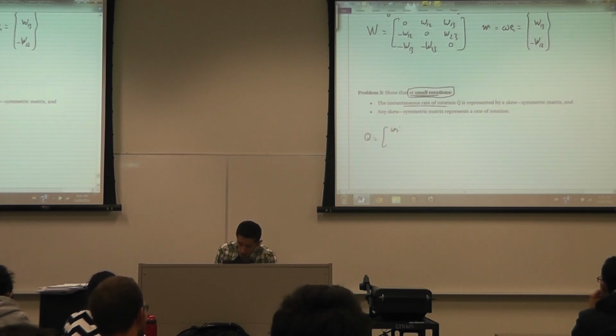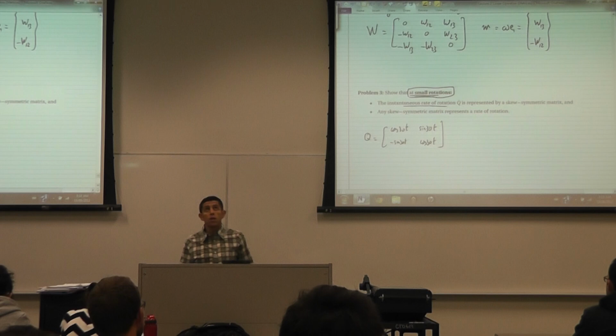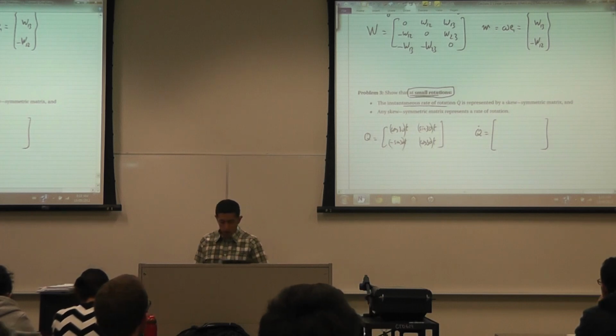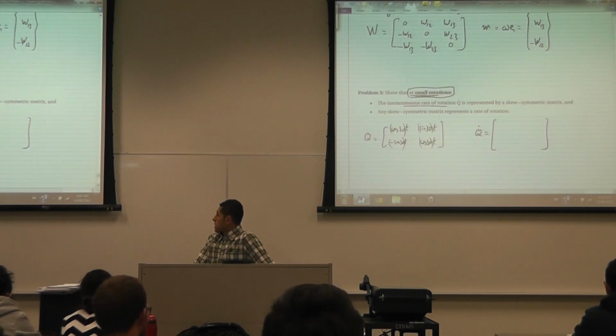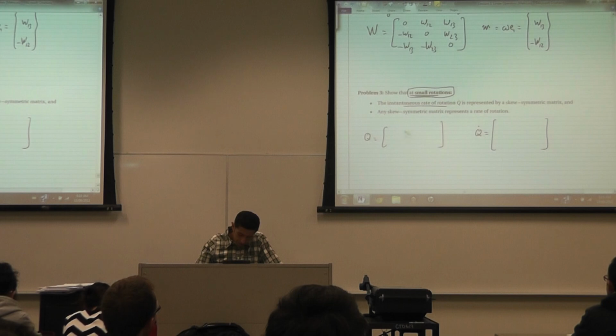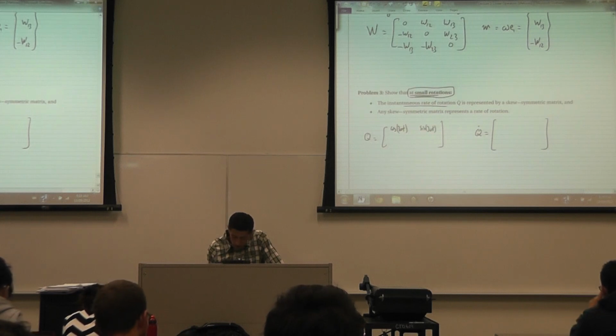If Q is equal to cosine 30t, sine 30t, negative sine 30t, cosine 30t, let's say that an object is rotating. I just want to find a nice example.